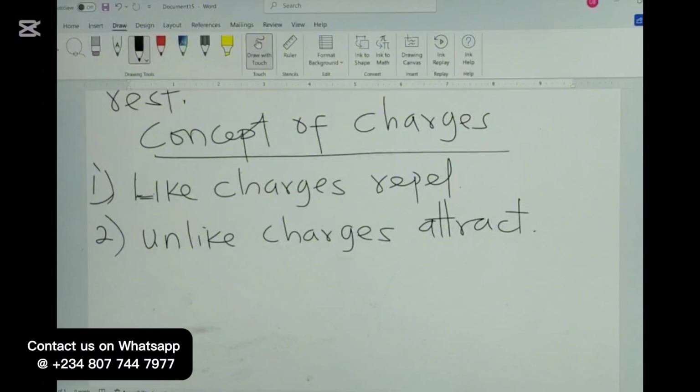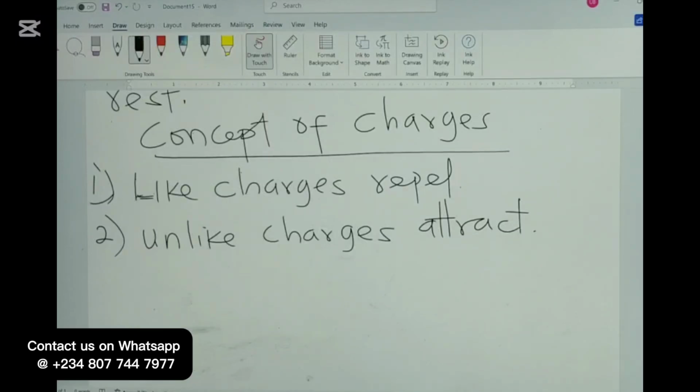The law responsible is known as Coulomb's law. So let's know Coulomb's law and its application before we solve any question relating to electrostatic force.